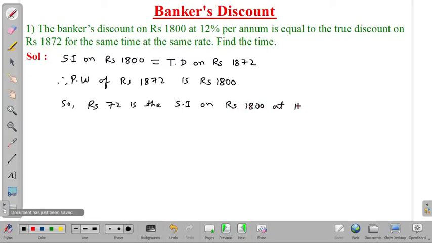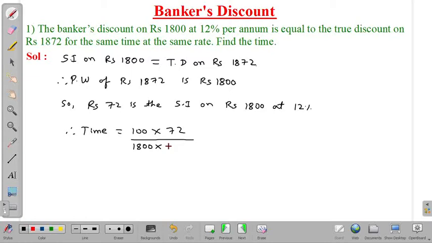At what rate? 12%. So we can calculate time using the formula: time equals 100 into simple interest, which is 72 rupees, divided by sum, which is 1800, multiplied by rate, which is 12%. So 12 into 6, and this we will get 300.